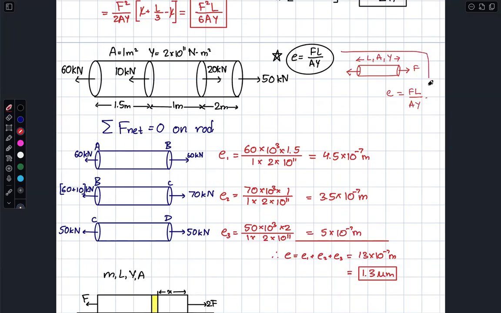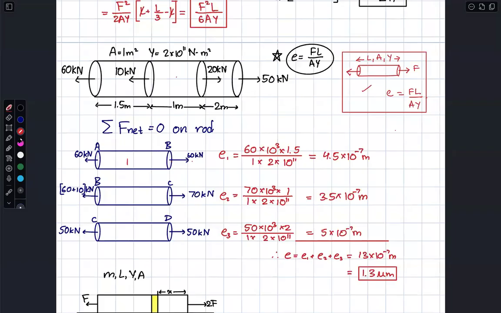I am using this concept now. I am taking the first part where 60 Newton, this portion must be in equilibrium, 60 Newtons. The elongation contribution here follows this formula.